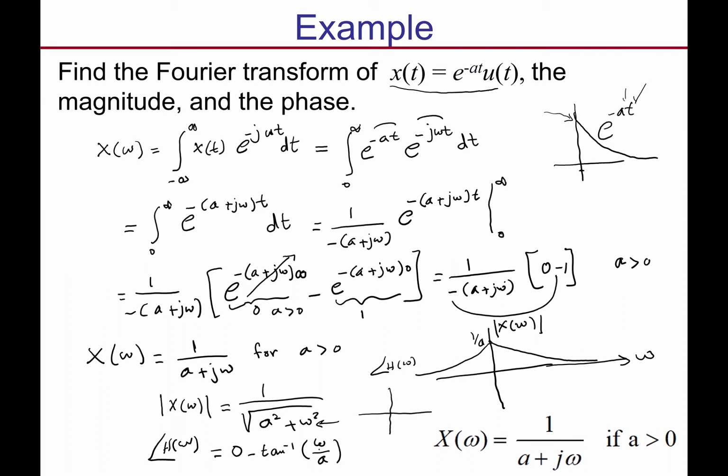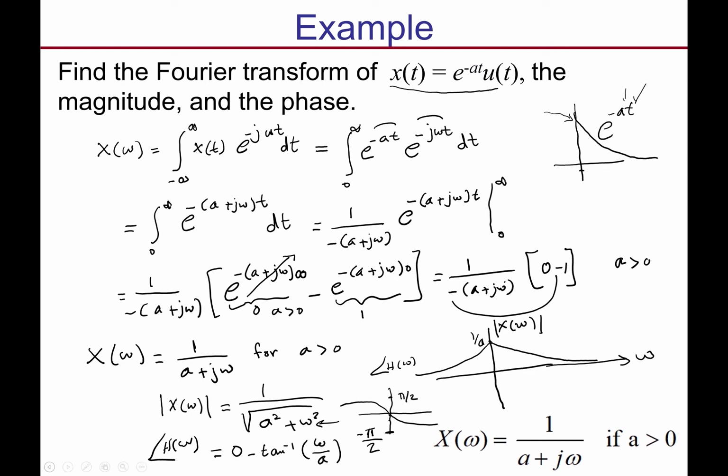When omega becomes infinity, tan inverse of infinity becomes 90 degrees, and then times minus. So it's going to look something like this, with minus pi over 2 here, and positive pi over 2 here.